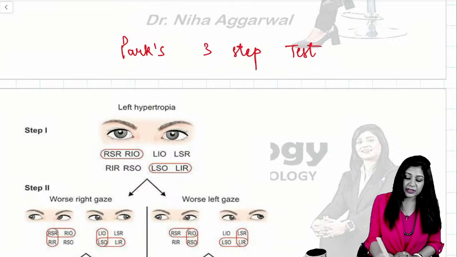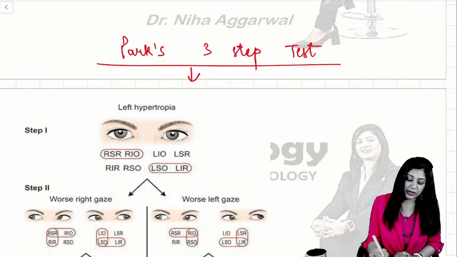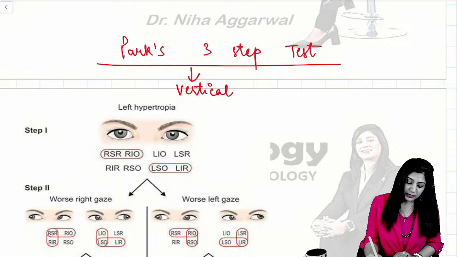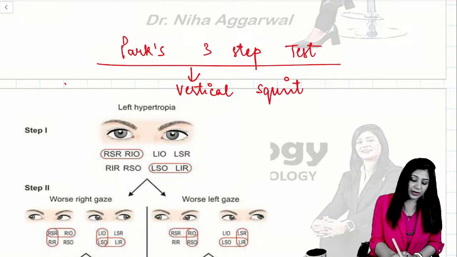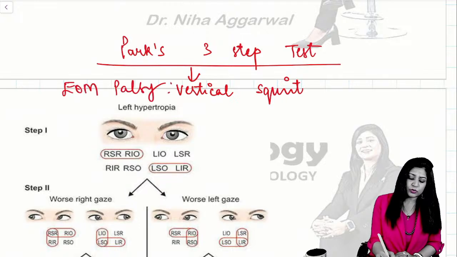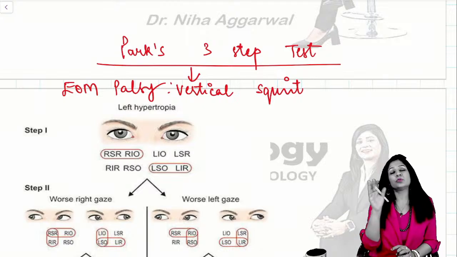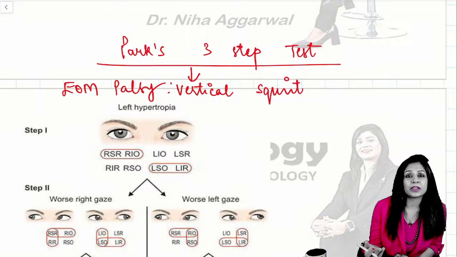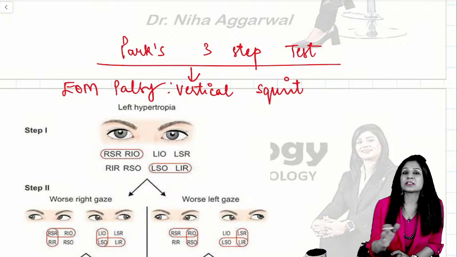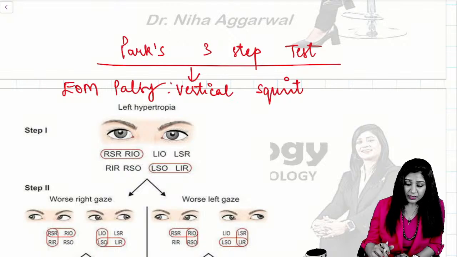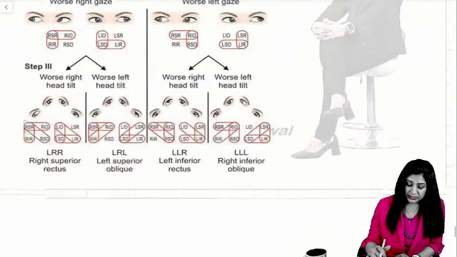The Park's three-step test is used in cases of vertical squint. Whenever we have a vertical squint, you have to find out which muscle palsy has occurred. You don't need to know how to do this test, but you need to know that we are doing it to find out which muscle is paralyzed in cases of vertical squint. So this is called the Park's three-step test.